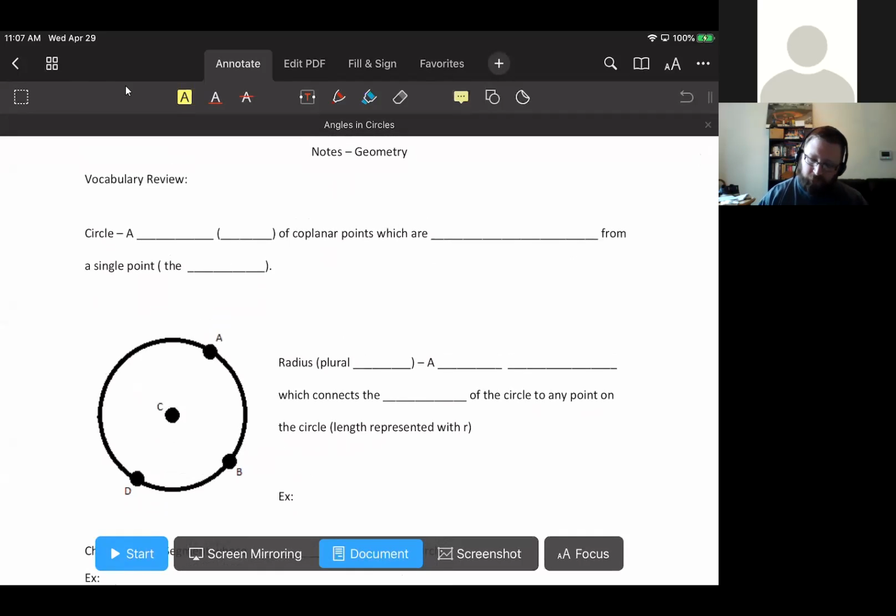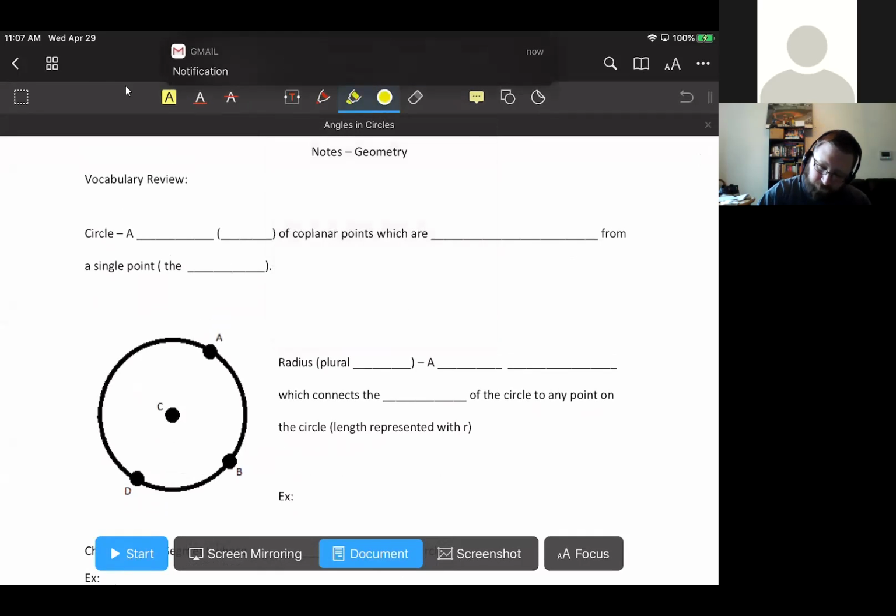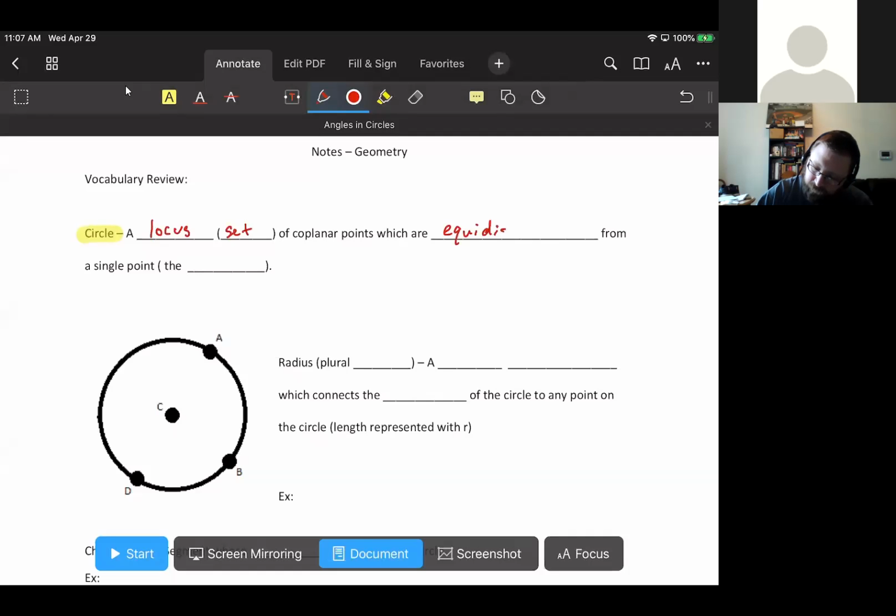First word there that we're going to define is going to be the word circle. A circle is a locus, remember that's a fancy word for set, of coplanar points which are equidistant from a single point. That single point is called the center.